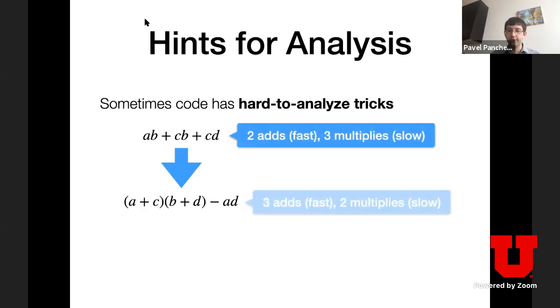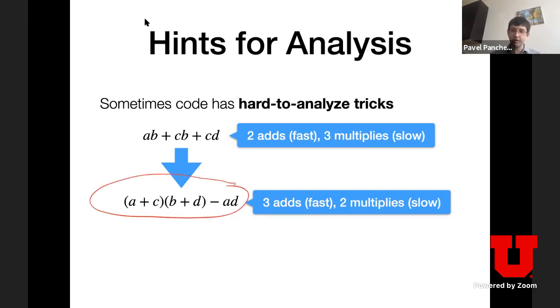The advantage is that you're replacing 2 adds and 3 multiplies with 3 adds and 2 multiplies, multiplies being a lot slower than adds. Unfortunately, analyzing this result using abstract interpretation is tougher than analyzing the input, because you have to track the dependency between the A and D terms here and the AD term here. You want to keep track that there's some cancellation going on.